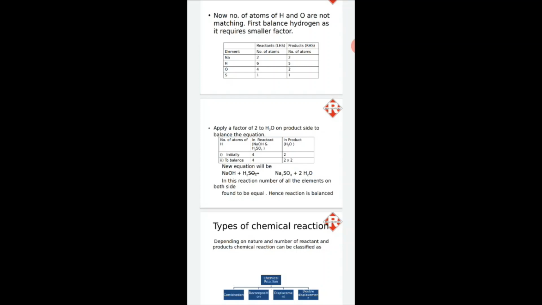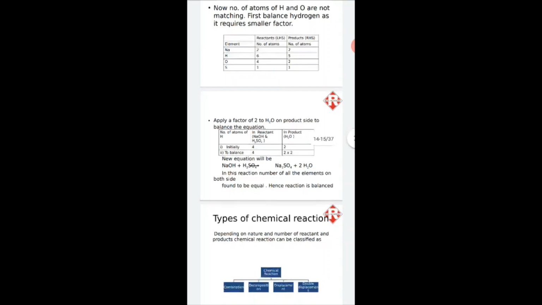Initially, the reactants sodium hydroxide NaOH and H2SO4, there is also hydrogen present. So initially how much we counted, there is 4, and on the RHS only 2. To balance, we multiply the product side number 2 by 2. So 2 to 4.